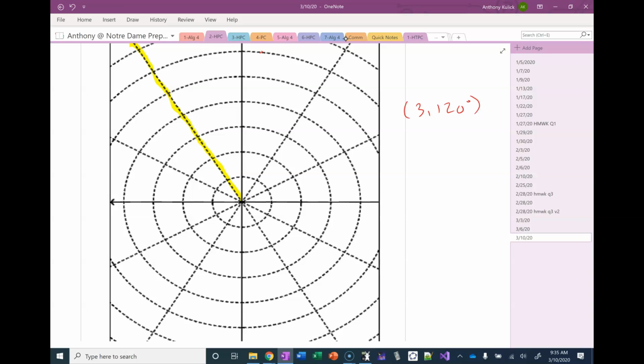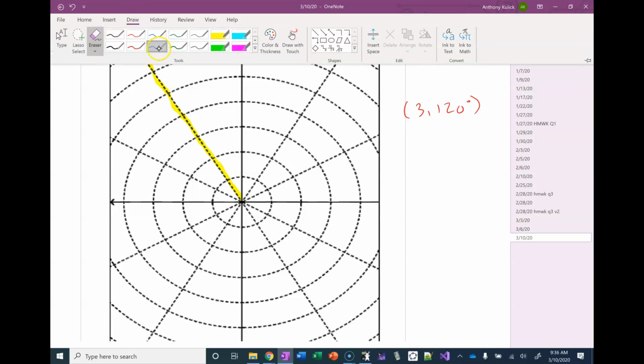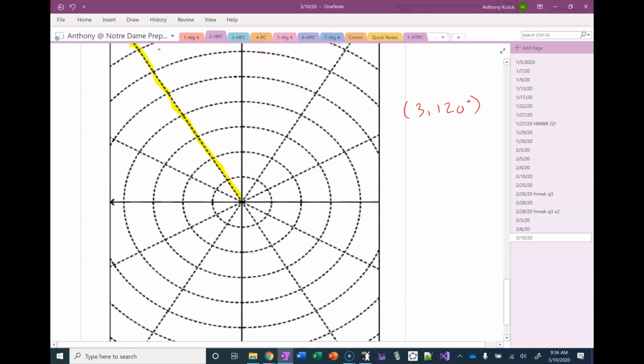Okay, and now to figure out a magnitude of 3, I'm going to count 3 circles along that line. So 1, 2, 3 is where my point would go. Is everybody okay there?